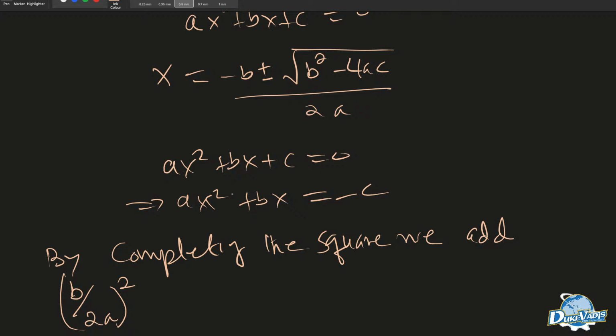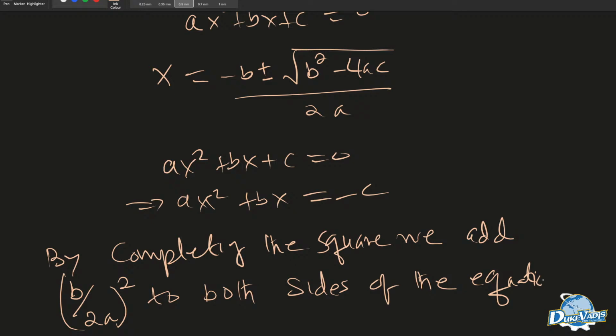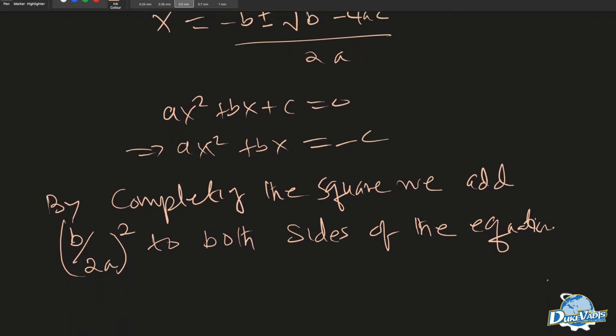So we halve the b and we square it and add to both sides of the equation above. So let's recap.